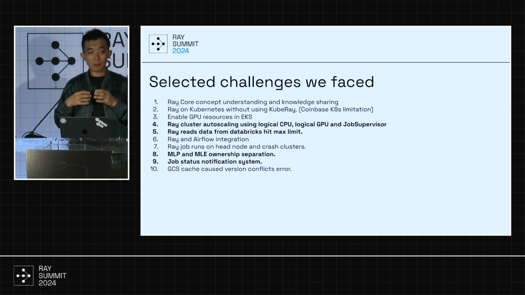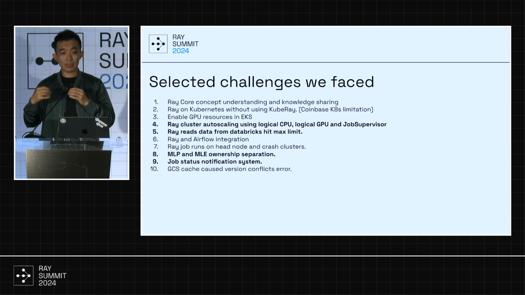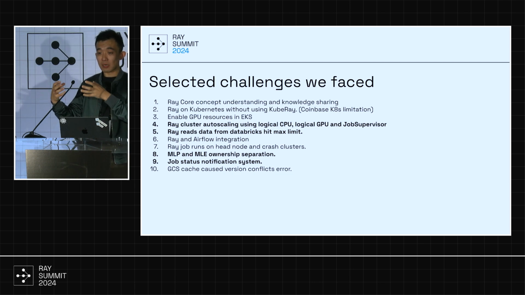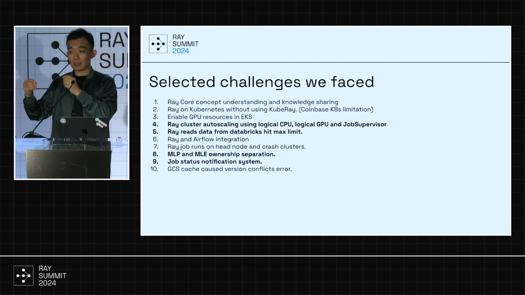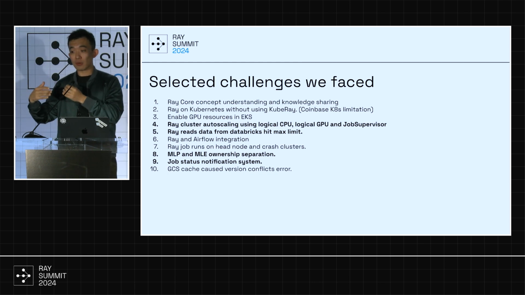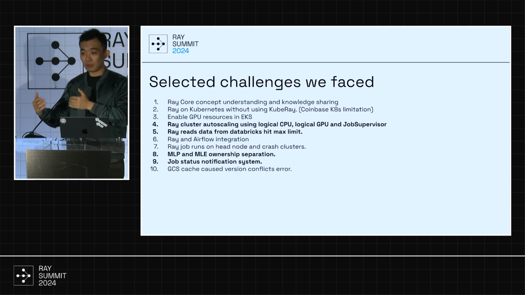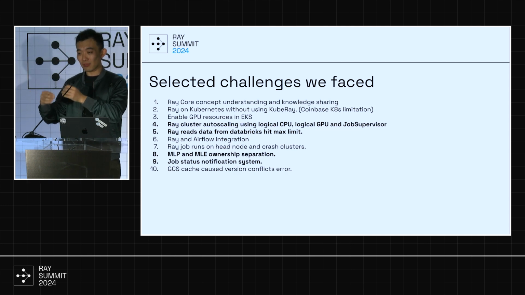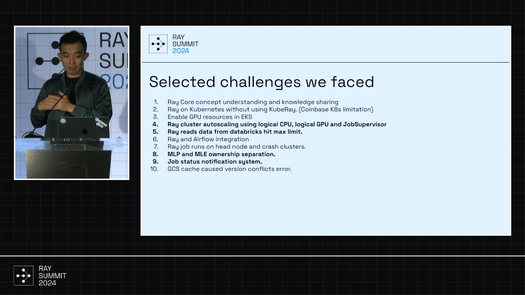Right now, MLP only maintains this Ray cluster and the base Docker, and MLEs are responsible for all of this customized code and your packages. Like, you need to resolve your version conflicts. You can override something, but you need to make sure your code and your pip installed package versions are aligned.